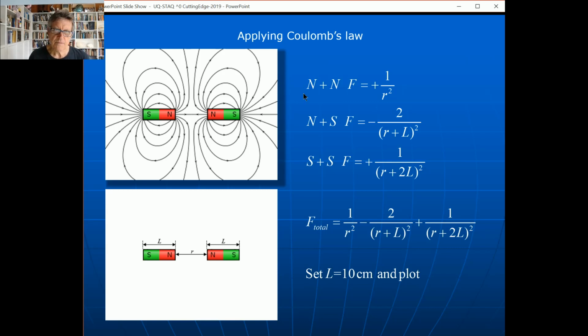So having a look at Coulomb's law, when you've got north and north together, the force between them is, well, it's not equal to, but it's proportional to 1 on r squared. That's just Coulomb's law.